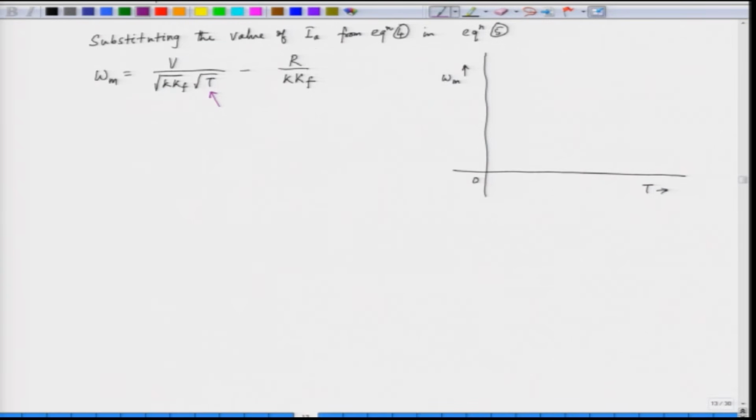We can rewrite this as A divided by under root T plus B, where B is a negative quantity. So, if T is 0, the speed is infinity.